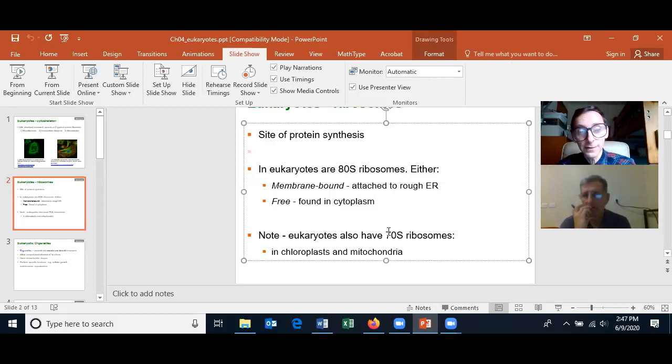All right, I also am reminding you that eukaryotes do not have 70S ribosomes except inside their mitochondria and their chloroplasts. And we already explained that chloroplasts and mitochondria appear to be bacteria cells inside a eukaryotic cell, and that's why they have 70S ribosomes.